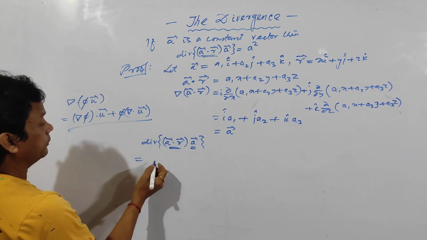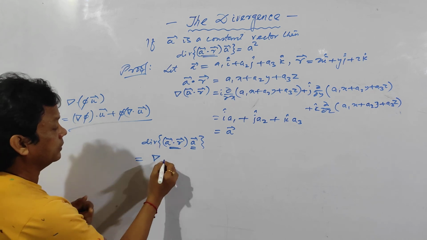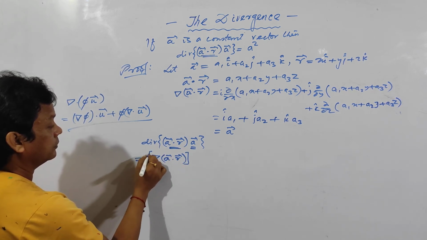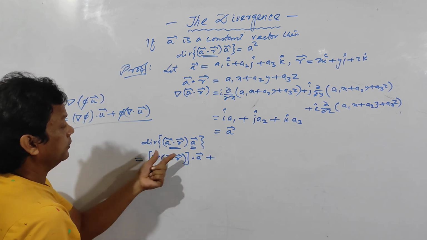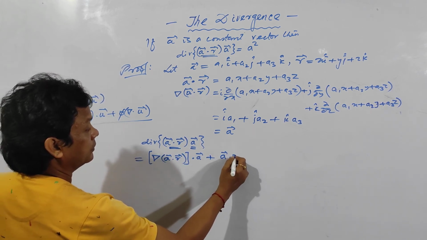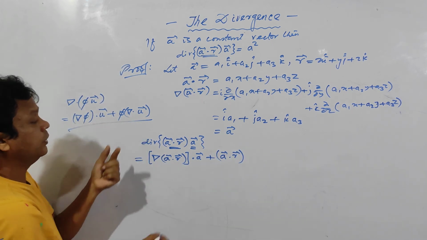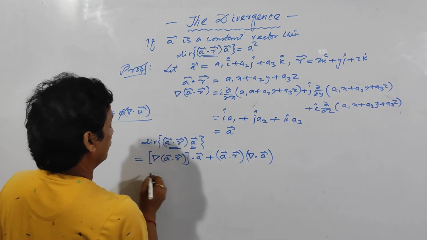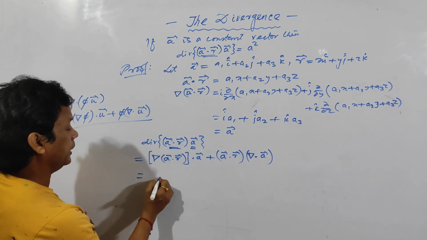So the formula is del phi. Here phi is A dot r. So del of A dot r, dot u, so dot A vector, plus phi means A dot r into del dot u, that means del dot A vector.